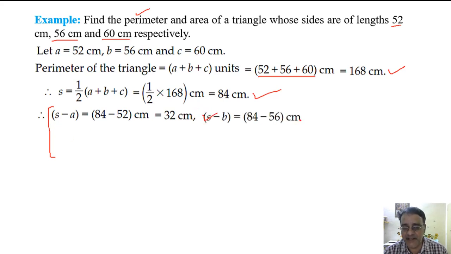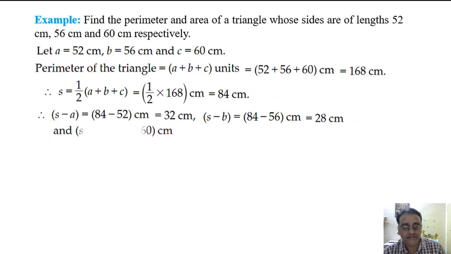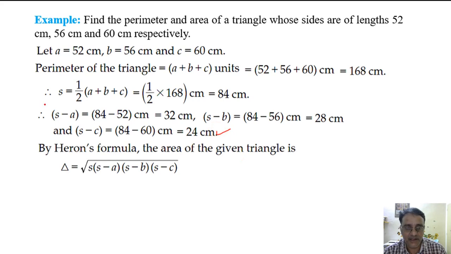S minus B, 84 minus 56, will get 28. Now the last one, S minus C, that is 84 minus 60, 24. Again, I would like to tell you that this step is not mandatory. You can directly substitute the value. Okay, so 84 into 32 into 28 into 24.